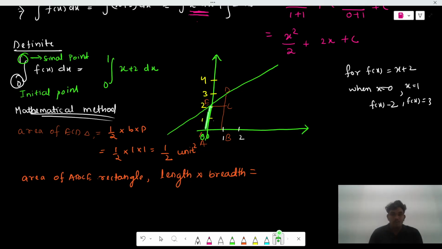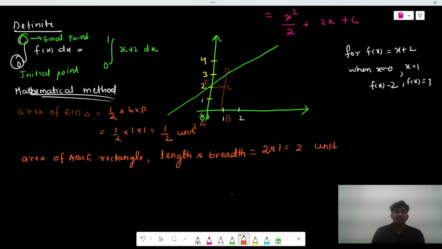So in place of length I can use 2, and in place of breadth I can use 1, which is equal to 2 unit square. So the total area of trapezium ABDE is 2 plus half, which is equal to 5 by 2 unit square.